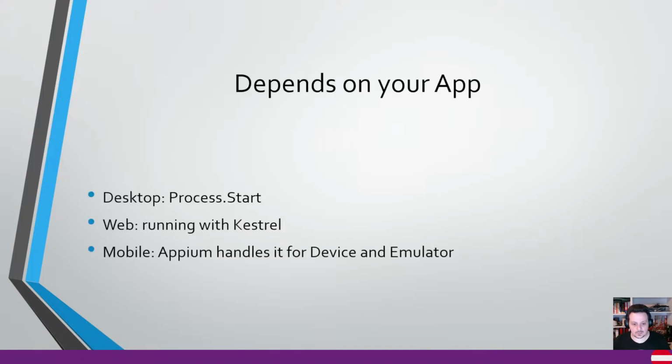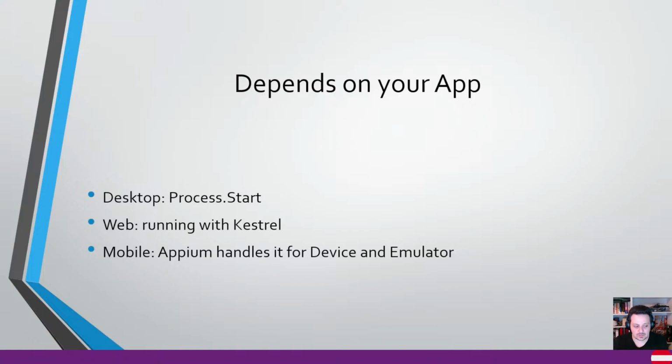So for the three types, you have desktop, web, and mobile. For desktop, yeah, process start, or the Windows app driver also starts, I think, the application by default. That's easy.